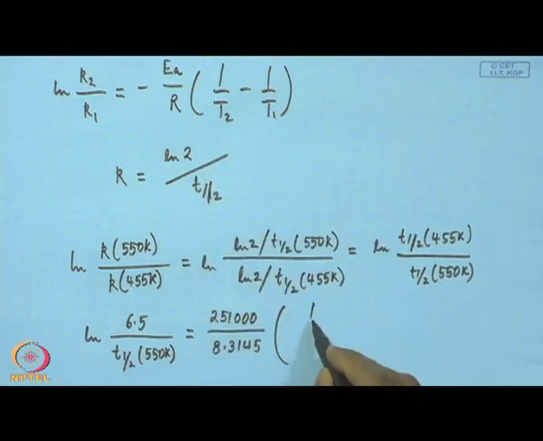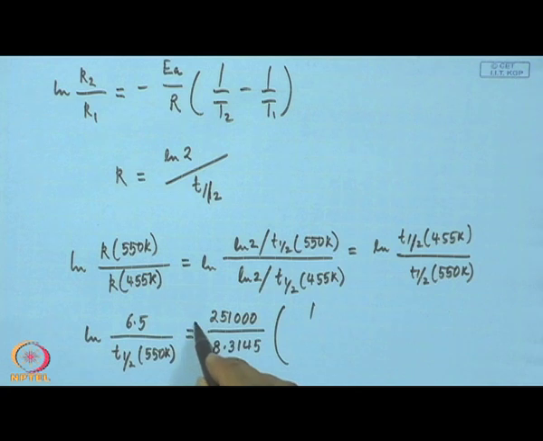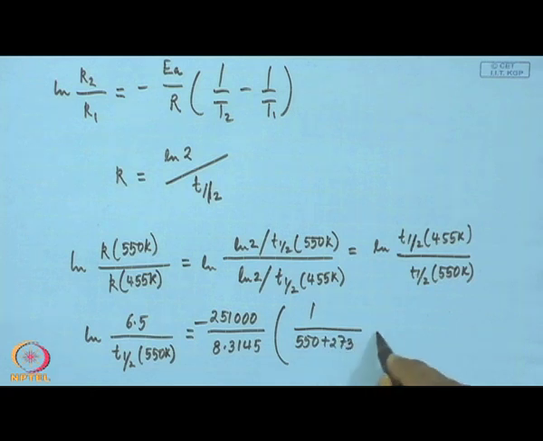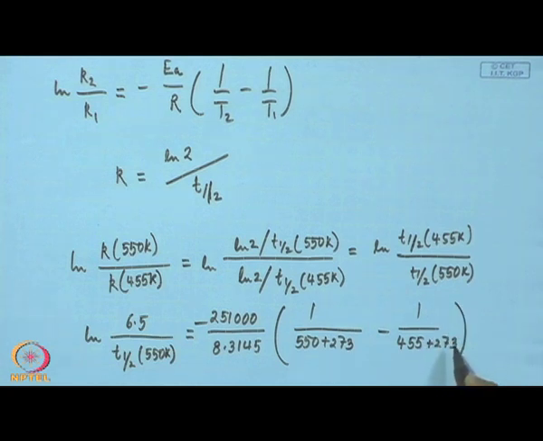Of course, it is a negative sign, 1 by 550 plus 273 minus 1 by 455 plus 273, because 273 means we are converting the temperature from degree centigrade.